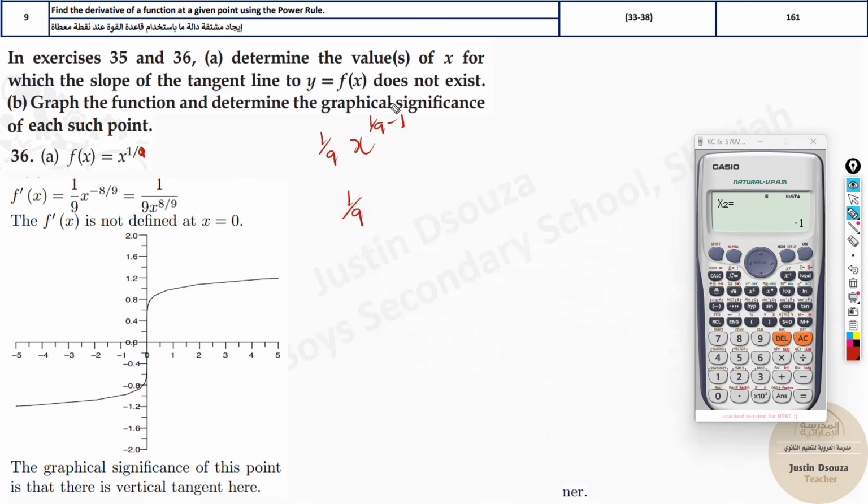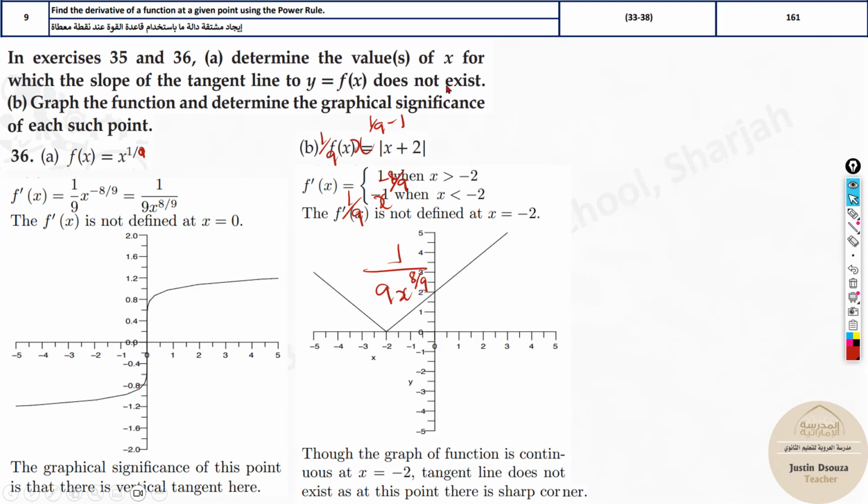So 1 by 9. If you're getting confused with all these, just use calculator. 1 by 9 minus 1 is minus 8 by 9. Take that down. 1 divided by 9, x to the power 8/9 positive. So this is the answer. And from the graph, you can see it's not derived at that point. Same thing over here.